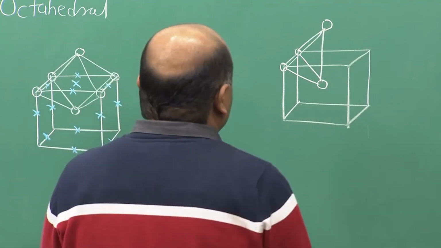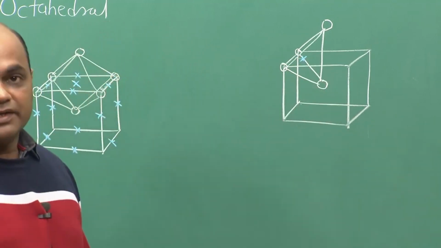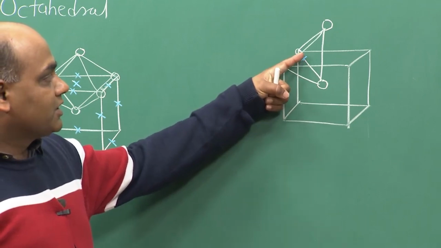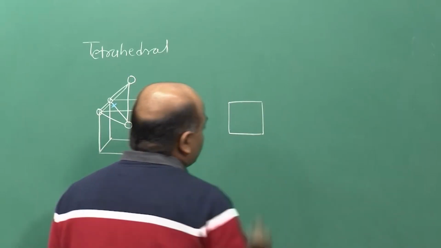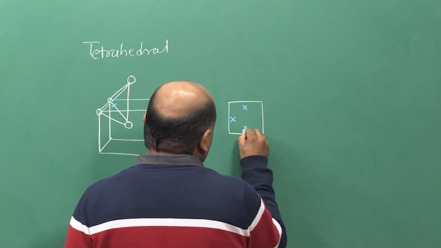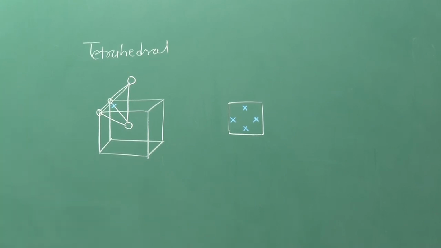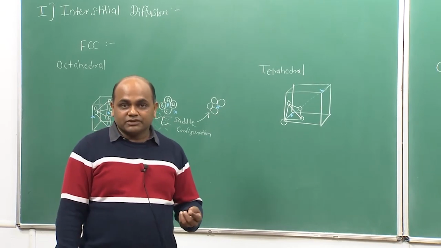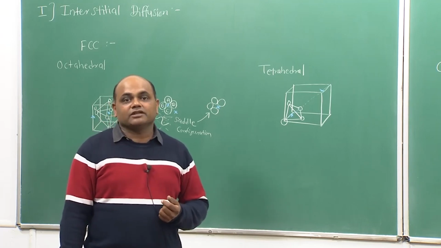And the center of this tetrahedron lies somewhere on the face, and its position is at 1/4 of the lattice parameter from the center of the edge. Right. So, if we draw this face here, the tetrahedral interstitial sites are located at 1/4 from the center of each of the edge. Okay. So, these are the octahedral interstitial sites in FCC and BCC, and the interstitial atom diffuses by jumping from one interstitial site into the next interstitial site, and this is the interstitial mechanism of diffusion.